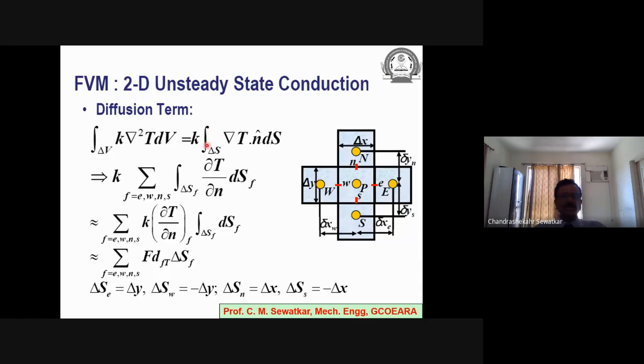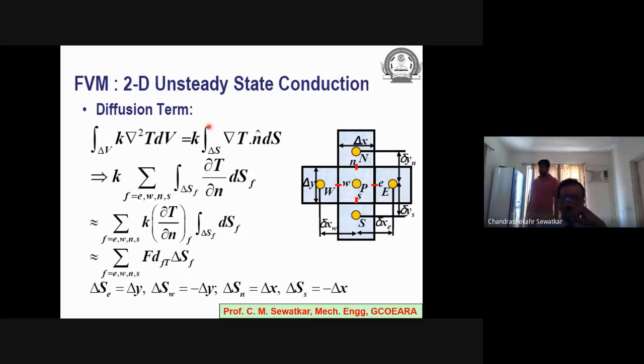So integral over delta S of grad T dot n cap dS, as we have done in the morning also, is the representation of the diffusion term considering the surfaces.